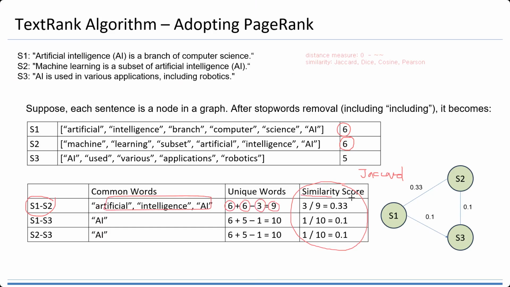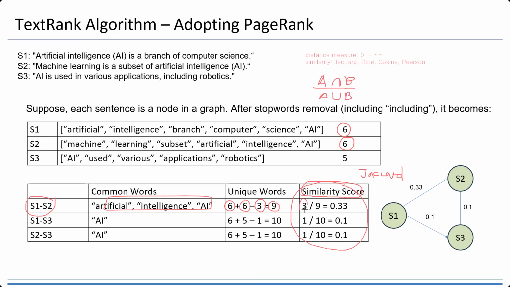In order to check the similarity score for Jaccard similarity, we have A intersection B. It means I want to know how many words in A and B are common. And then we want to see the union of A and B. A union B means the unique words.